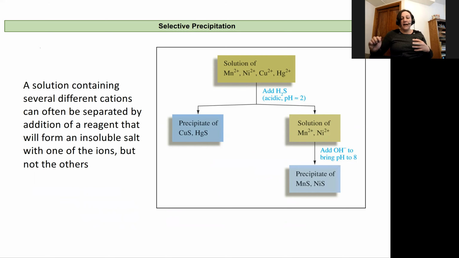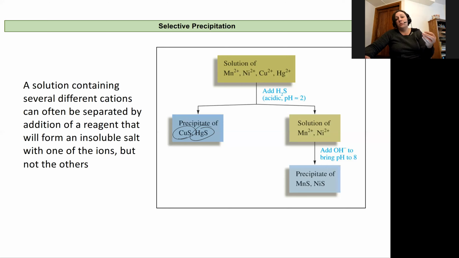So if we add dihydrogen sulfide under acidic conditions, the copper sulfide and mercury sulfide will have a much lower molar solubility than manganese sulfide or nickel sulfide. And so these will precipitate out of solution while our manganese and nickel ions stay in solution because they haven't reached the point at which they'll start forming a solid.